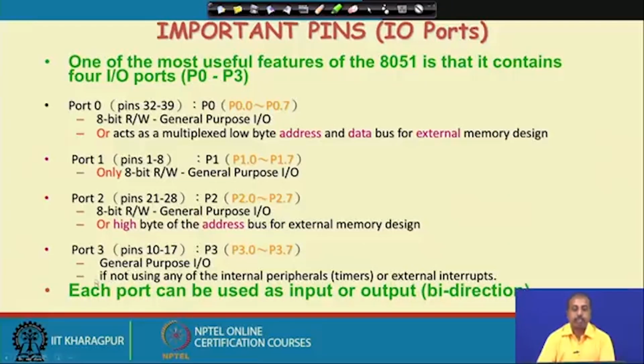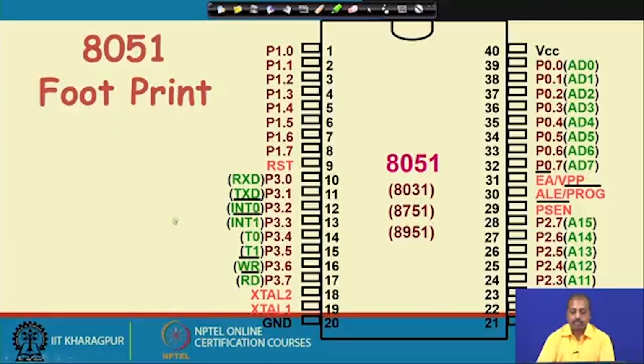As you can see in this diagram, P3.0 is receive data, 3.1 transmit data, then the interrupts, then T0, T1 the timers, then write bar, read bar. They are multiplexed onto this port 3.